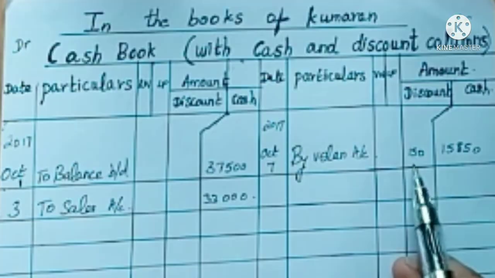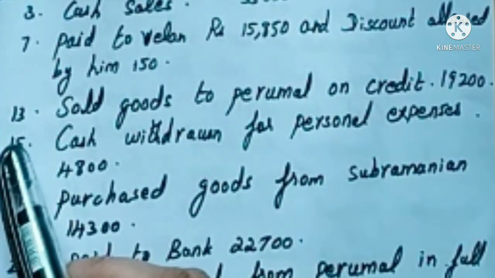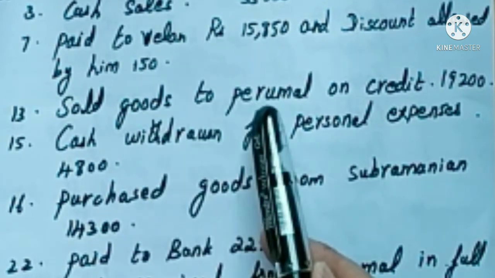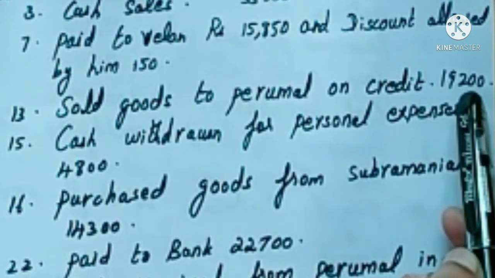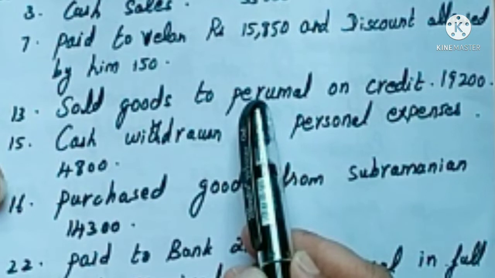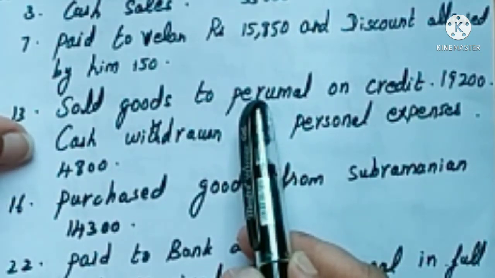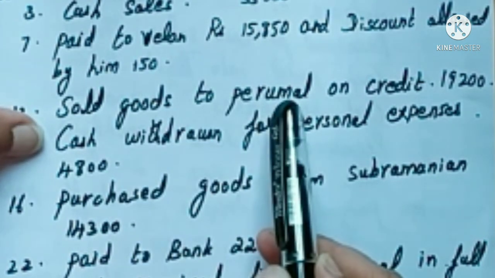Okay, we know that on 13th sold goods to Perumal on credit 19,200. So what is the entry when you are selling goods to Perumal? Perumal is receiving the goods, so he is the receiver. Perumal account debit to sales account is the entry. Here no cash is involved because it is a credit transaction.